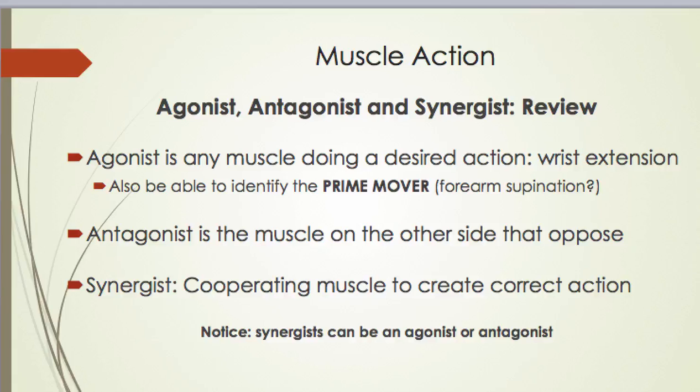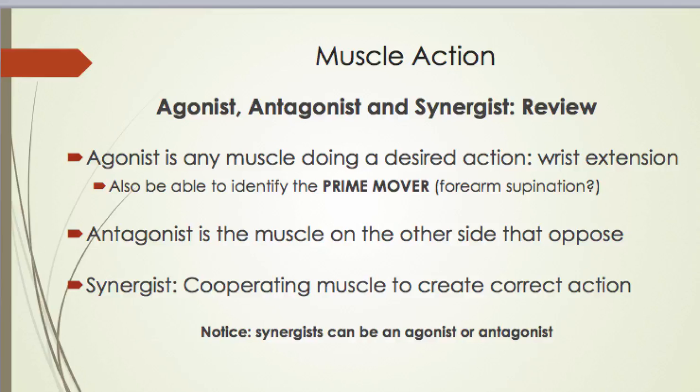You recall that the supinator does, obviously, at the radioulnar joint, and that the biceps does. Okay? So really, unfortunately, it depends. The prime mover for forearm supination with the elbow extended is the supinator. But standing and holding the arm at 90 degrees, we're already activating the biceps. The primary supinator in that position is the biceps itself.